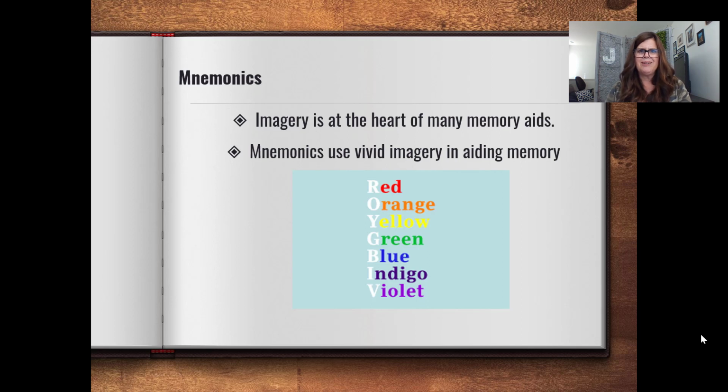For me, it was Roy got beaten intensely, violently. I don't think that that's a very appropriate way to remember things in this day and age. You probably have your own mnemonic for the spectrum of colors. But a mnemonic is an important concept. I will flood your brain with mnemonics this year.